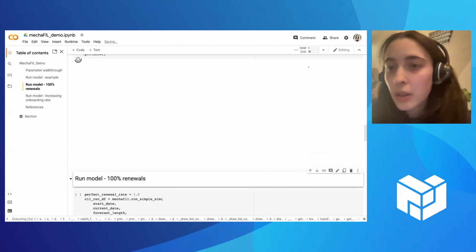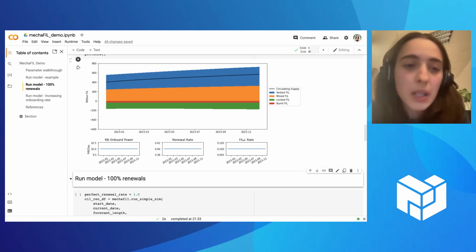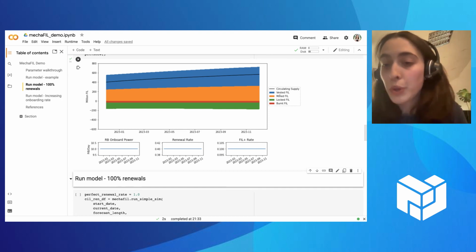Here you can see that we have the main assumptions of how much power is being onboarded, the renewal rate and fill plus rate. And then we have all the components for circulating supply. The FIL that is being mined and vested contribute positively to circulating supply. This means that they are increasing circulating supply.